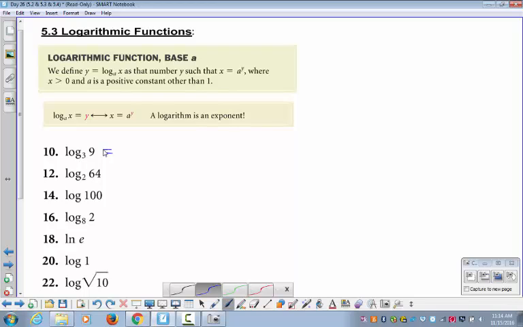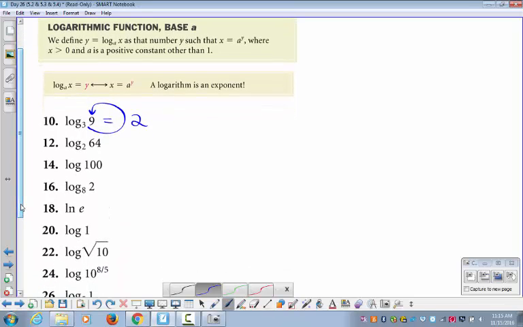There's this kind of circular thing. 3 raised to the other side needs to equal 9. So 3 raised to the 2 gives us 9. So that's how the definition of the log works. We have to understand how the base, the argument, and the constant all work together. So it's the base raised to the other side that gives the argument.